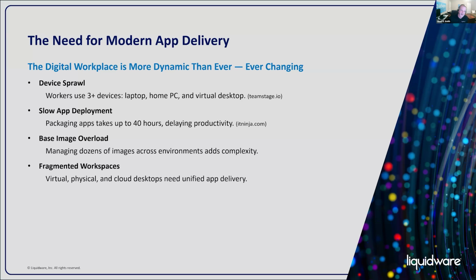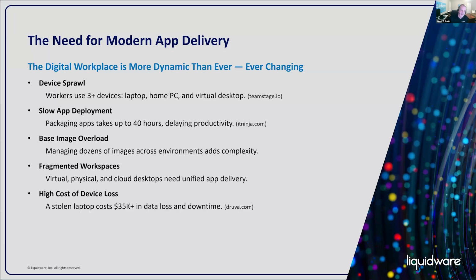Fragmented workspaces, just like I talked about, mandates that you have a unified application delivery model, because you're troubleshooting not only that many users, but that many machines. Is the app that they need on that machine running when they need it, just in time, and immediately when they log in? And obviously the high cost of device loss.